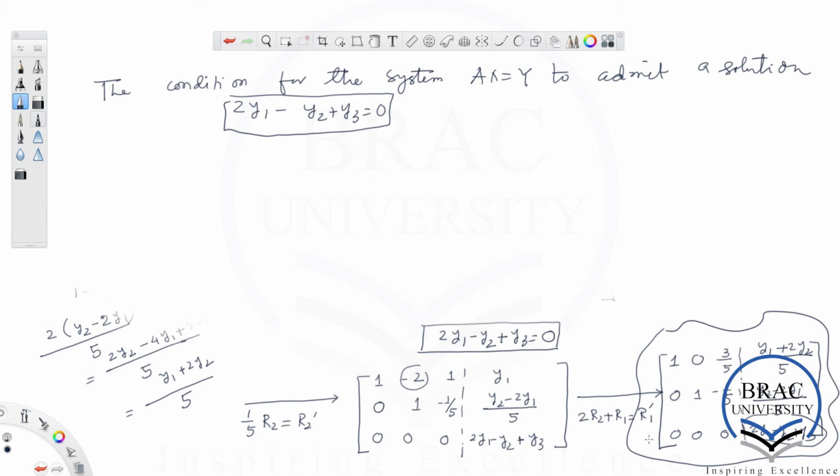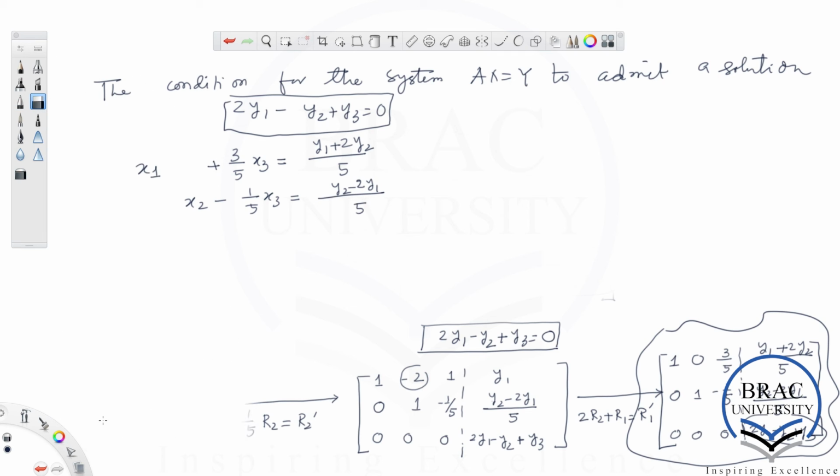So if you put this matrix into the equation form, then it will give us x1 plus 3 over 5 x3 is equal to (y1 plus 2y2) over 5. And the second equation will give us x2 minus 1 over 5 x3 is equal to (y2 minus 2y1) over 5.